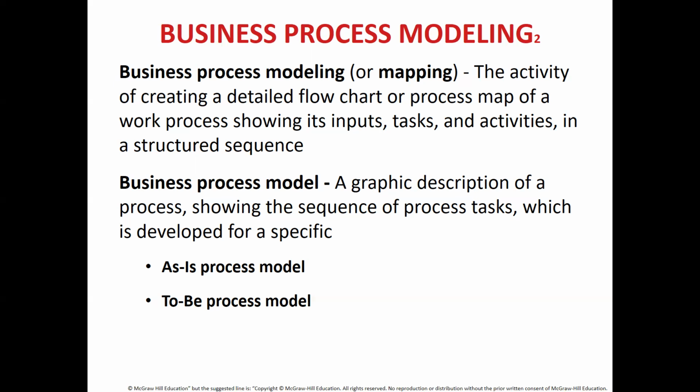The to be process model is where you apply change, improvement, or opportunities to the as is model. Whatever you're doing at the moment to produce your goods and services, that's as is. To be is the changes or improvements you would like to make to the as is process model to improve the entire process. That's the difference between the two: as is is current, to be is future.